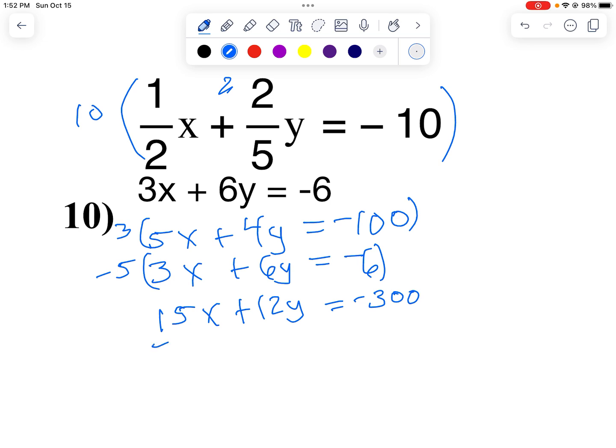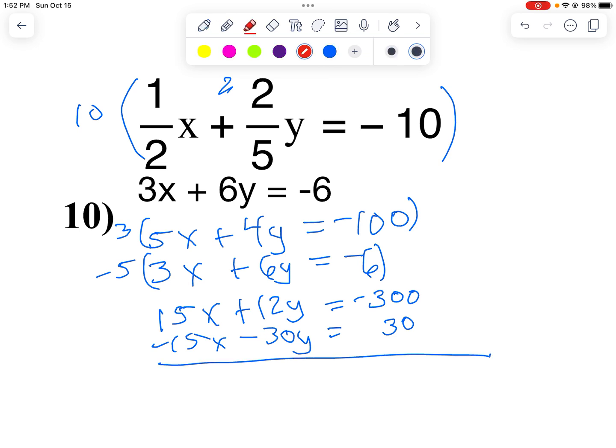Then I'm going to go -15x minus 30y equals +30. Because a negative times a negative is a positive. Once again, the reason I did this, I want my x's to cancel out. So then, 12 minus 30, that should be -18y.